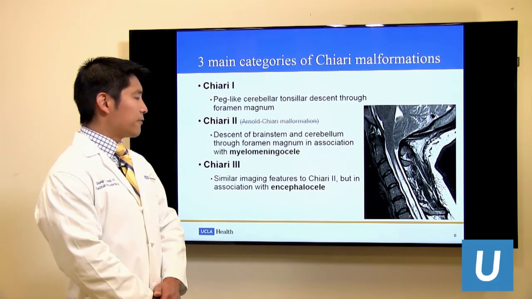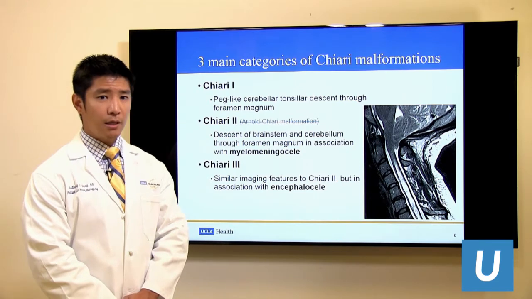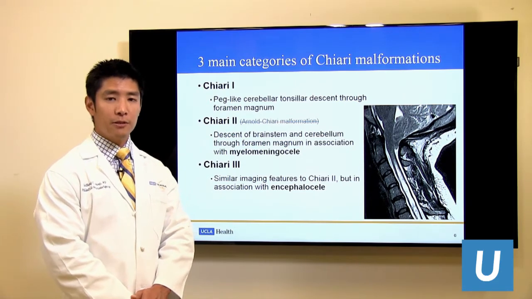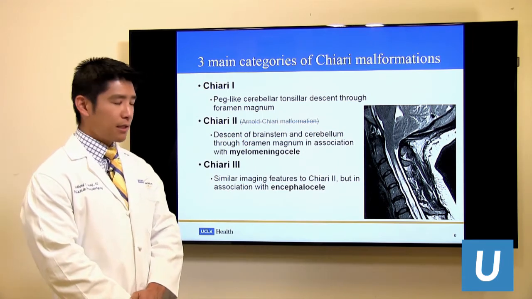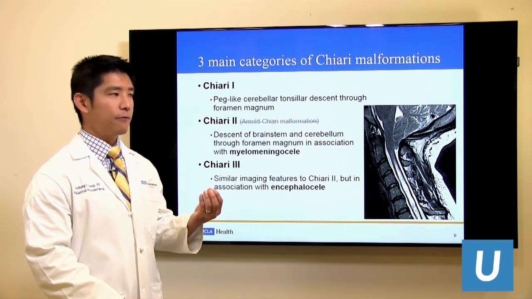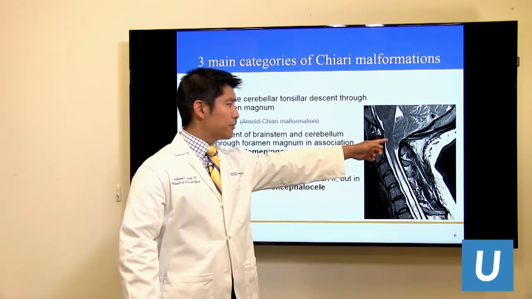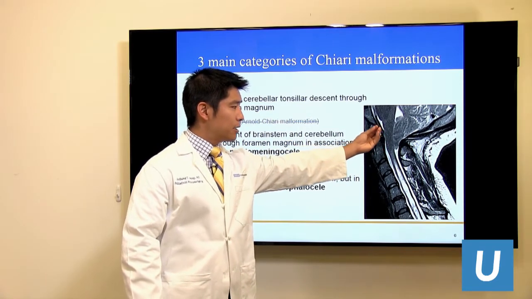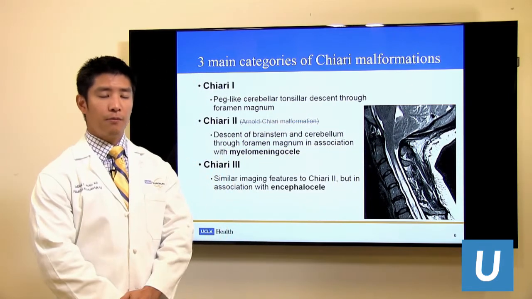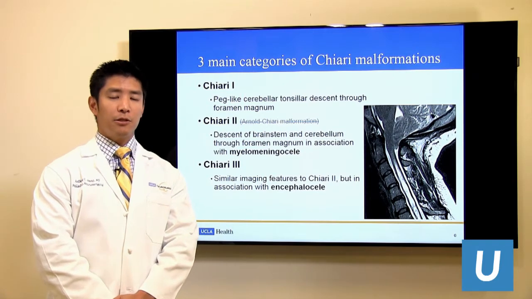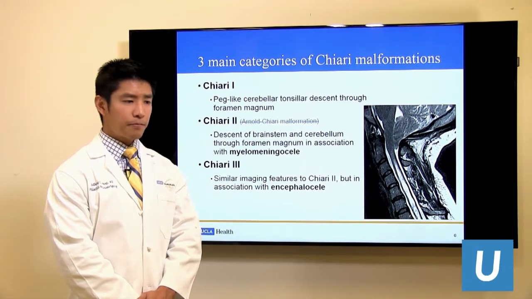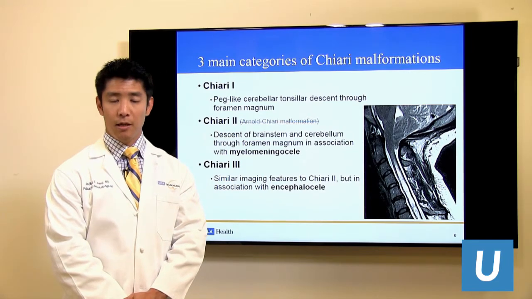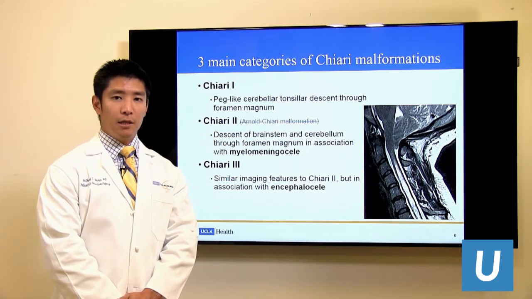Now, Chiari 2 malformation, what used to be sometimes called the Arnold-Chiari malformation, but no longer is, is the descent of the cerebellar tonsils as well as some of the brainstem structures through the base of the skull, but in association with a condition called myelomeningocele, which is a malformation of the spinal cord.